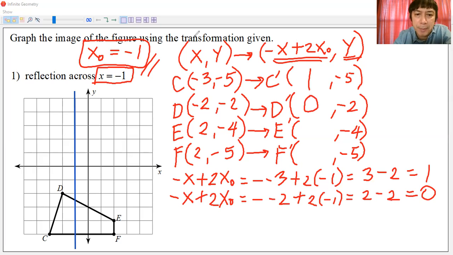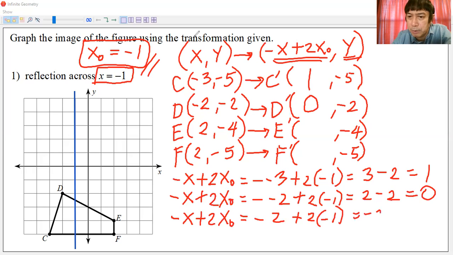Next, point E prime, we use the same formula, -x plus 2 times x of 0. This is negative of, this time it's a +2. So after the minus from the formula, we write the +2 there. And then plus 2 times -1. This gives us -2, -2, it's -4.